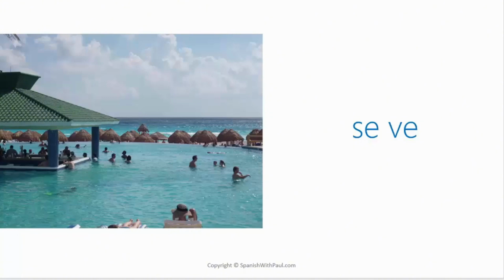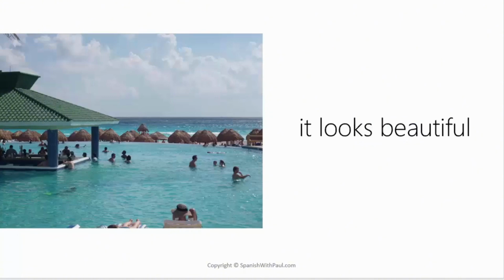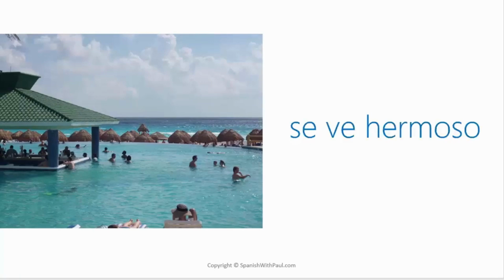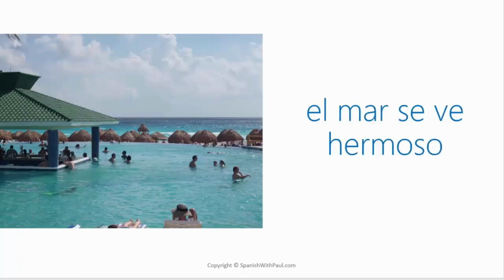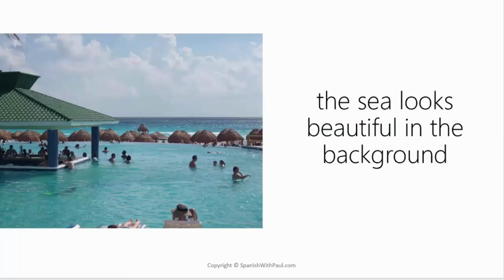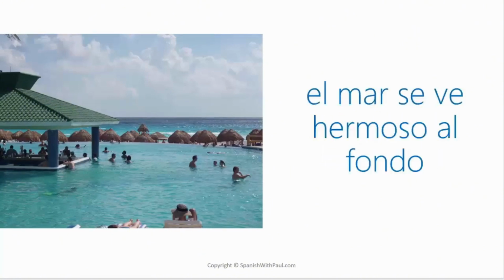For example, how would you say it looks beautiful? Se ve hermoso. The sea looks beautiful. El mar se ve hermoso. The sea looks beautiful in the background. El mar se ve hermoso al fondo.